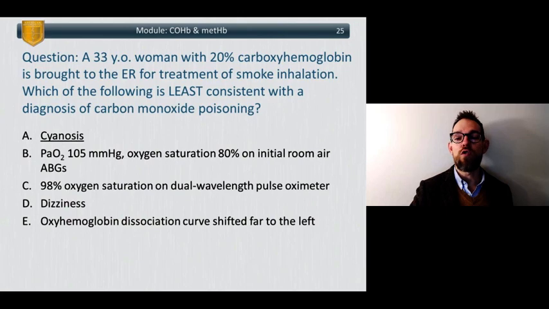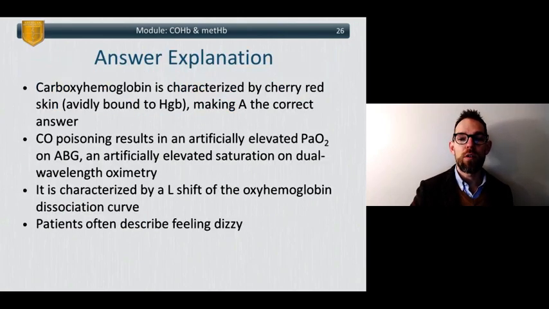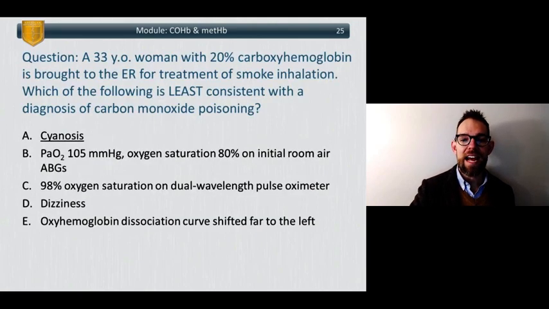You're going to see normal oxygen saturation on dual wavelength oximetry, and you are going to see a left shift of the oxyhemoglobin dissociation curve, and patients are going to describe dizziness due to their carboxyhemoglobin levels being elevated.